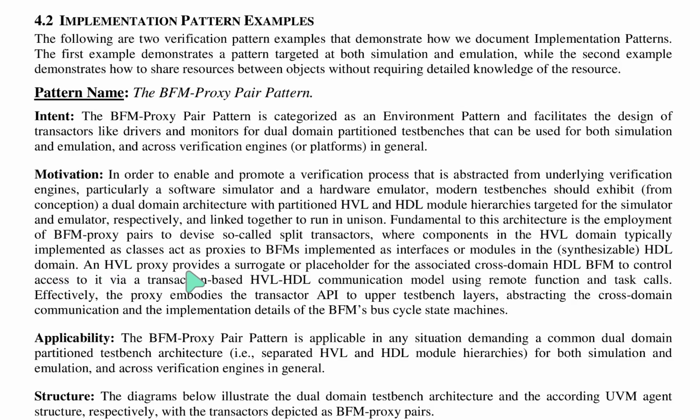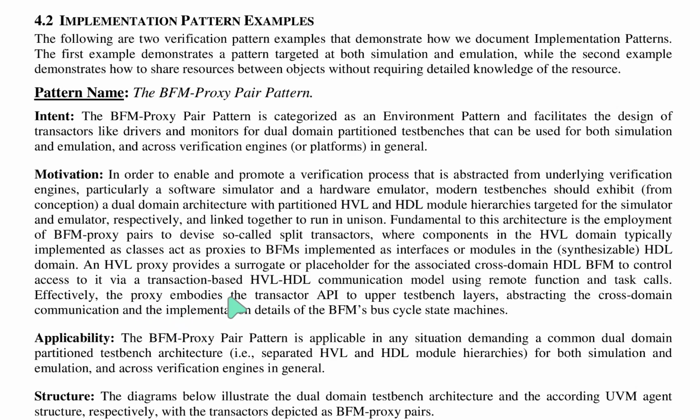An HVL proxy provides a surrogate and placeholder for the associated cross-domain HDL BFM, to control access to it via a transaction-based HDL communication model using remote function and task calls.